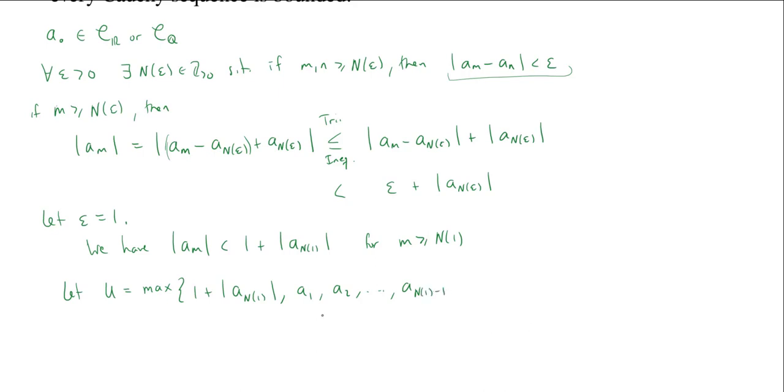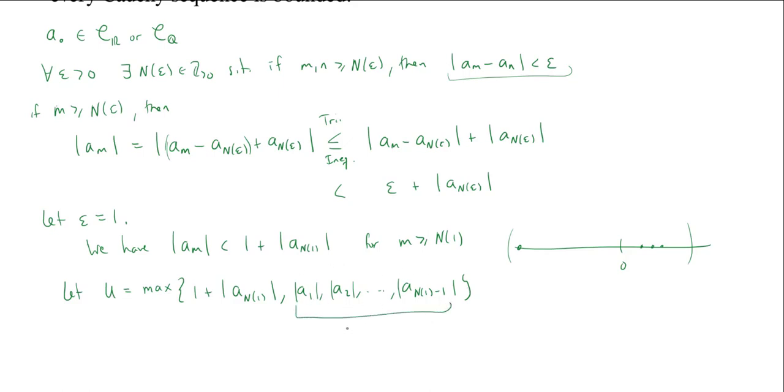Now, of course, some of these could be positive, some could be negative, and since I'm taking the max here, I really need to take the absolute value, because if I'm trying to build a bound around the entire thing, imagine here's 0 and I have some small points over here and then some really big negative ones. I need the bound to go around everything. So I'm going to take the absolute value of all of these terms to ensure I don't get any weirdness with negatives being very, very negative. So I take u to be the max of all of these, and now I know everything in the head will be bounded by this bit.